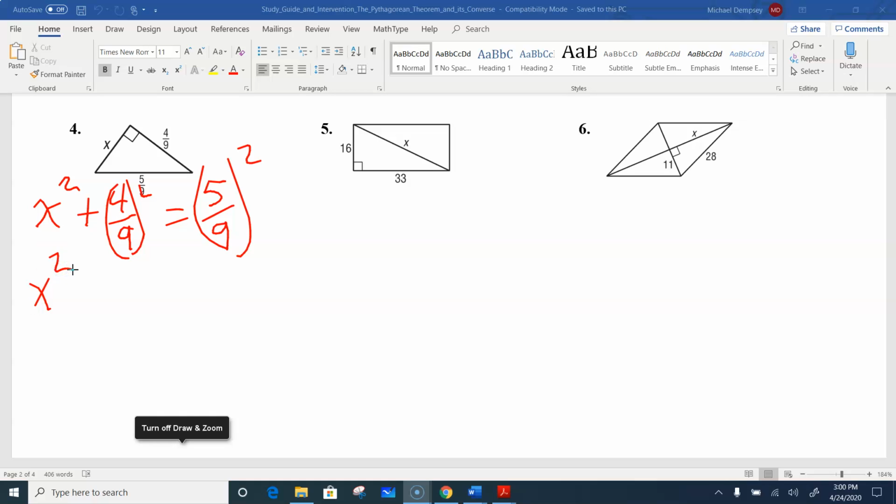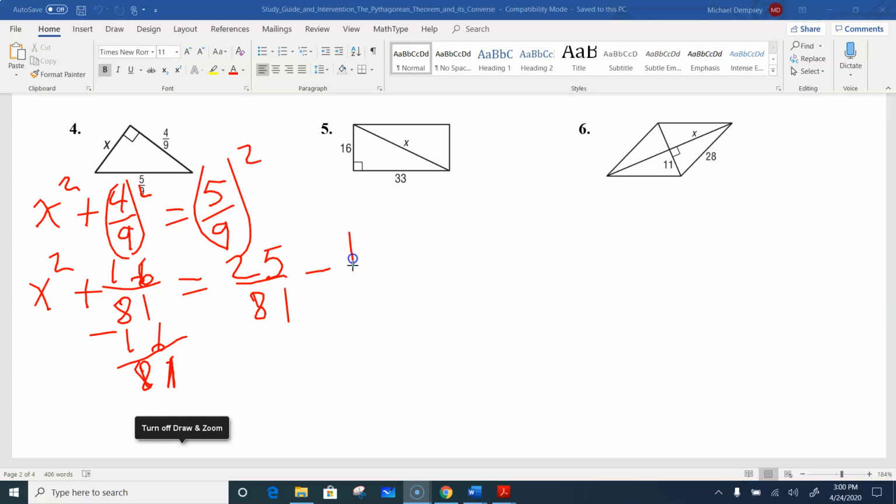So we have x squared plus 16 over 81. These should be familiar perfect squares to us. Equals 25 over 81. And since we have common denominators, that's not too difficult to subtract. We subtract 16 over 81 from this side and 16 over 81 from this side.